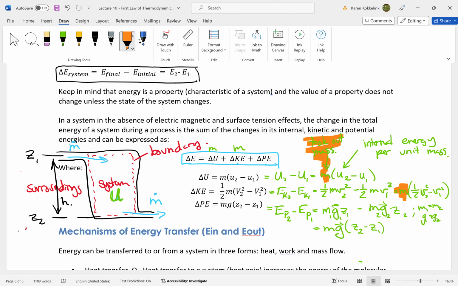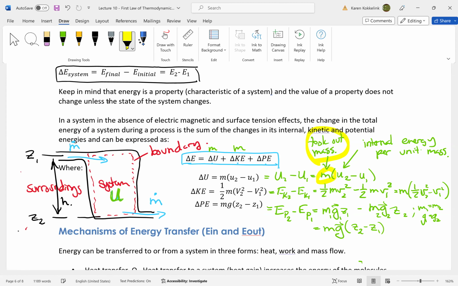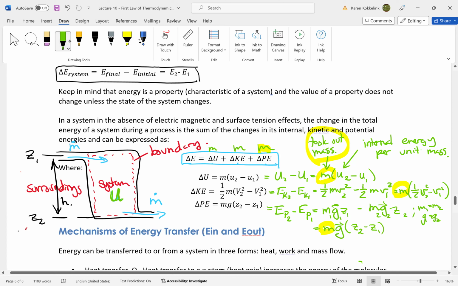I took out mass here, here, here, here. So when I sub these back into this equation, I'm going to have a mass here, a mass here, and a mass here. And that's going to help me, and I'm going to be able to cancel them out.